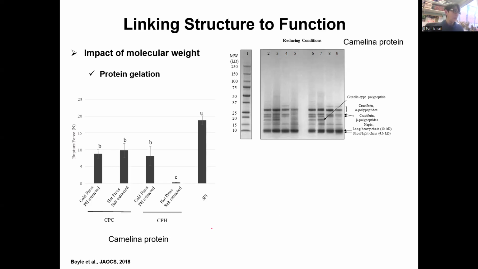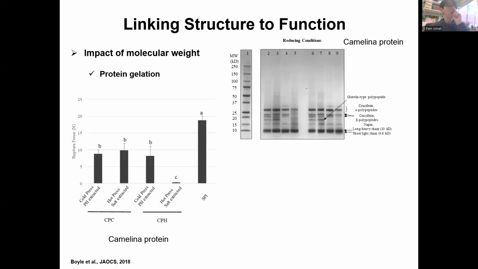This is a camelina protein that we extracted under different conditions. Soy protein has twice as much gel strength at 15% protein. I don't remember now if we had to put camelina protein at 20% protein to form a gel.